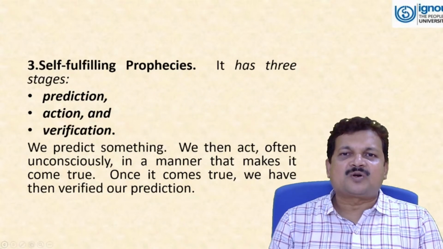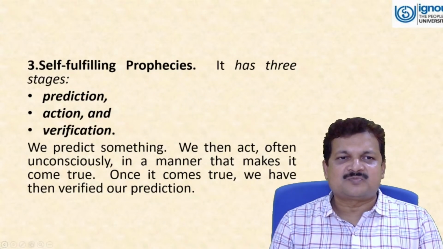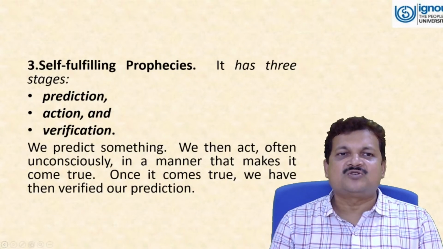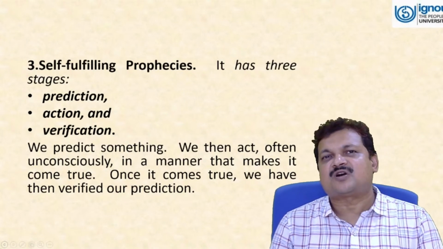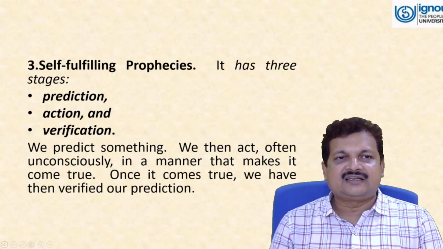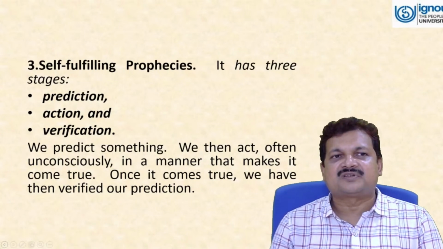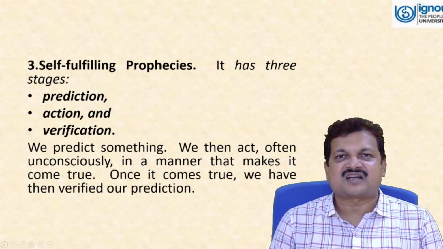Now, self-fulfilling prophecies have three stages: prediction, then action, then verification. What happens is that when things are there in the market, we predict that this product may be like that. Then we see the actions, what kind of things are possible, whether this is right or wrong.